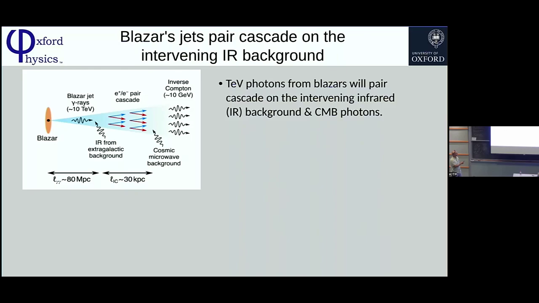So from the TeV gamma rays, you have a pair of electrons and positrons. This jet can then do inverse Compton scattering with the CMB, producing photons on the order of 10 GeV. So this seems what we should see.